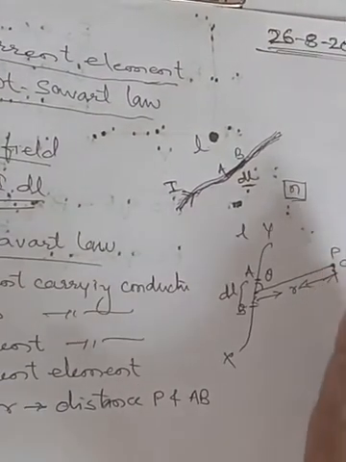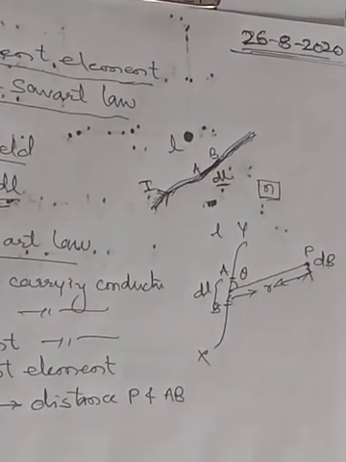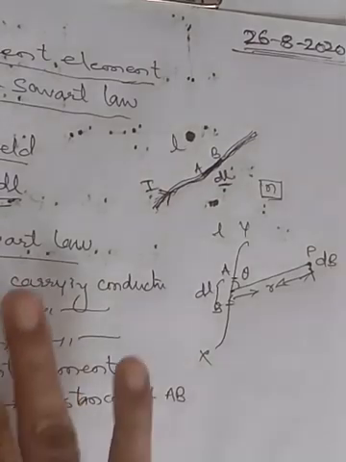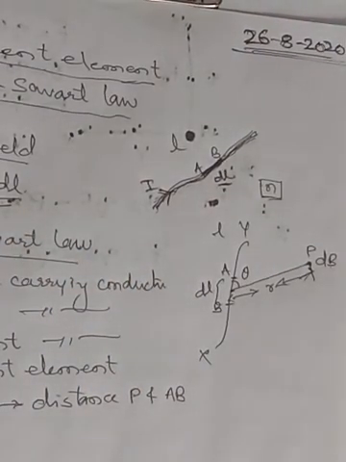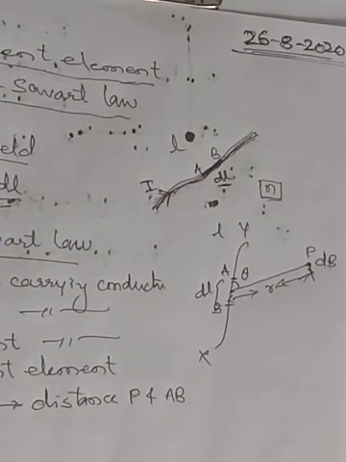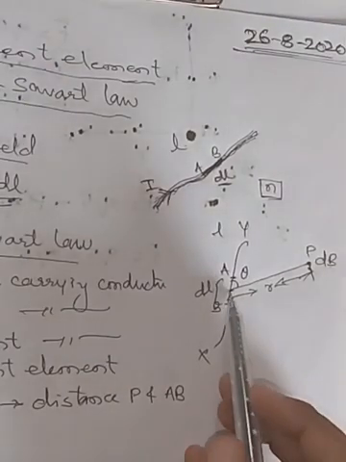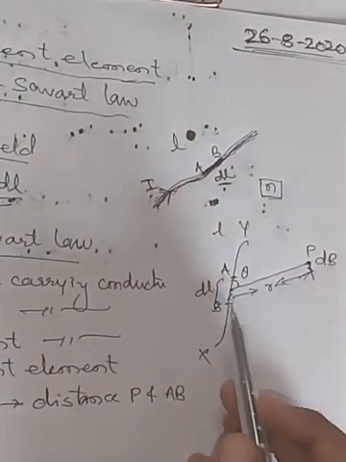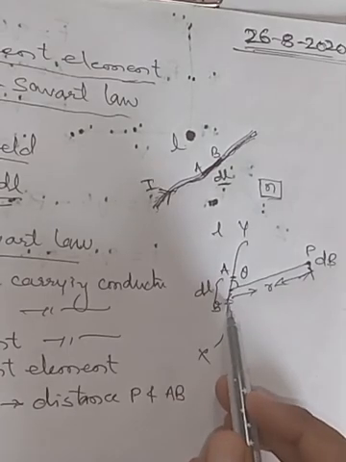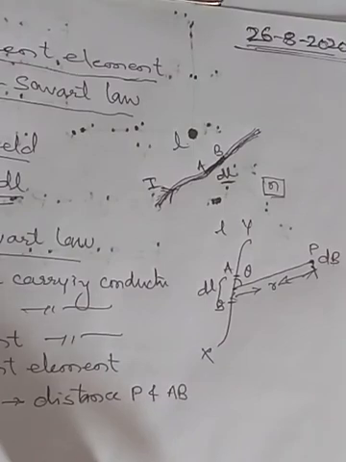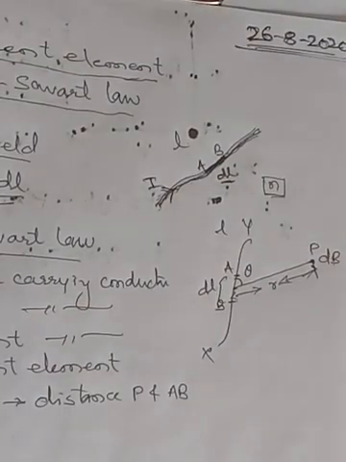Because we are considering the small current element dl. So this is the description of the Biot-Savart law. Theta is the angle between the point P and the center of the current element. So this is the description and explanation of the whole law. We will see the rest in the second video.